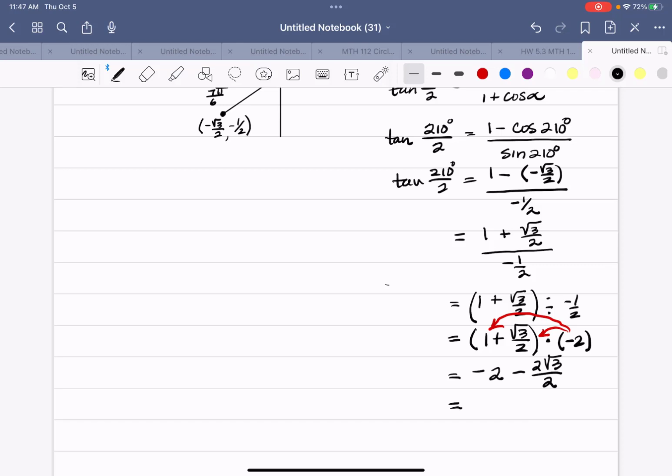And since there's no addition or subtraction involved here, these 2's can divide to 1, and I end up with negative 2 minus the square root of 3. And that's my final answer for the tangent of 105 degrees.